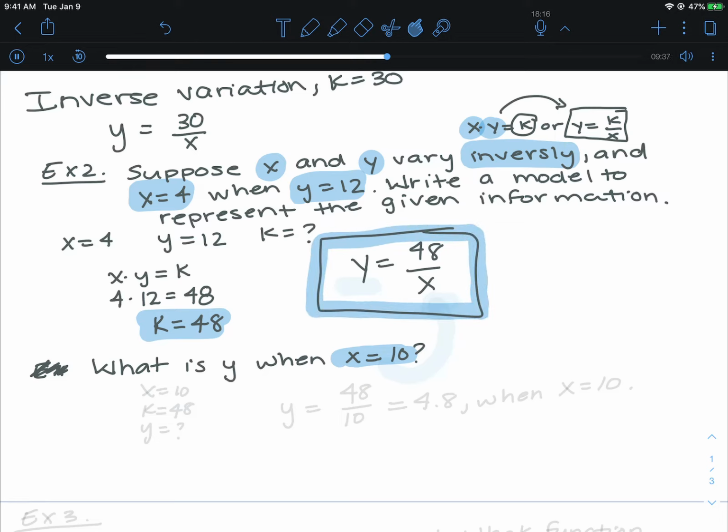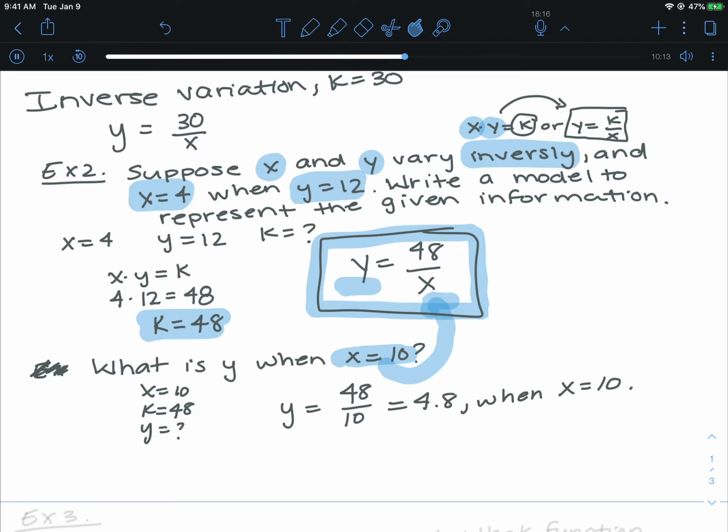So all I have to do is plug in the x. x is 10, k is 48, and I want to know what y is. So y equals 48 divided by 10. What is 48 divided by 10? 4.8. So we get 4.8 when x is 10.